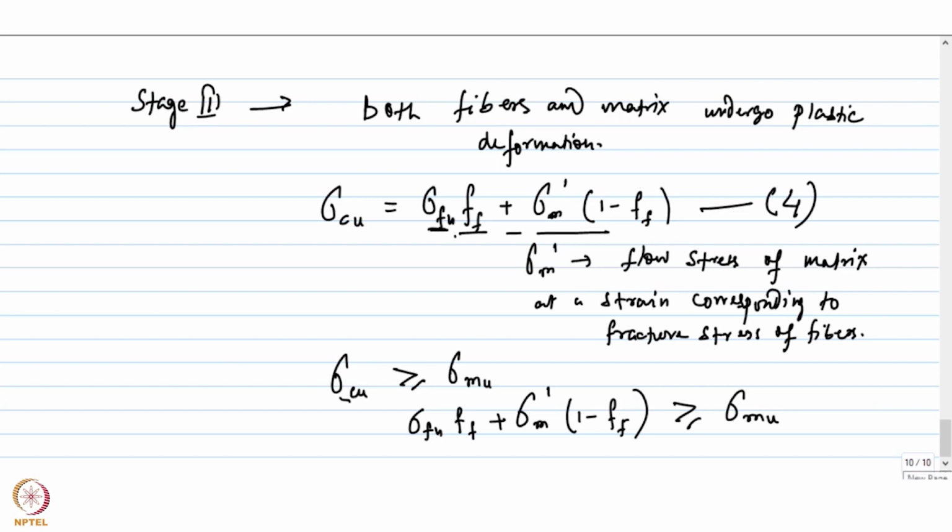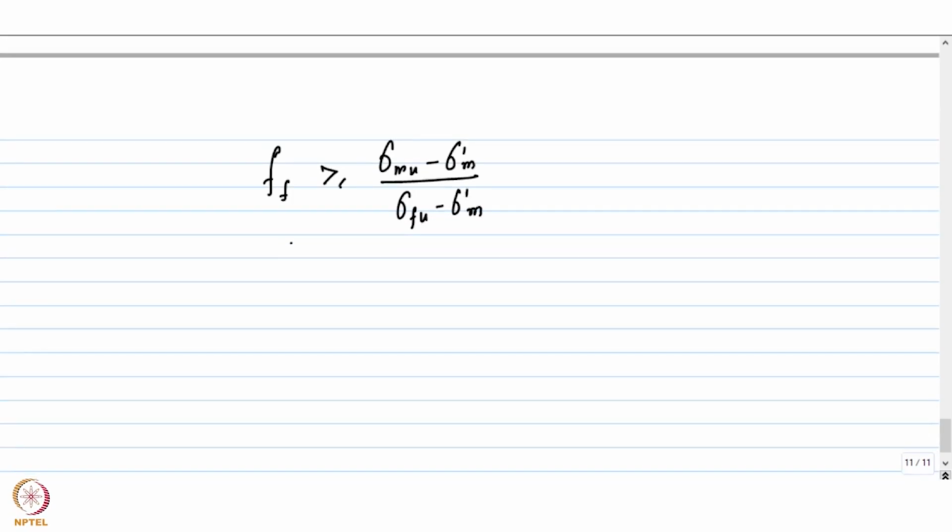And in terms of the volume fraction, Ff, we can write as... So the critical volume fraction Fc will be given as... So in order to derive any strengthening effect from the fibers, the volume fraction has to be more than this critical amount.